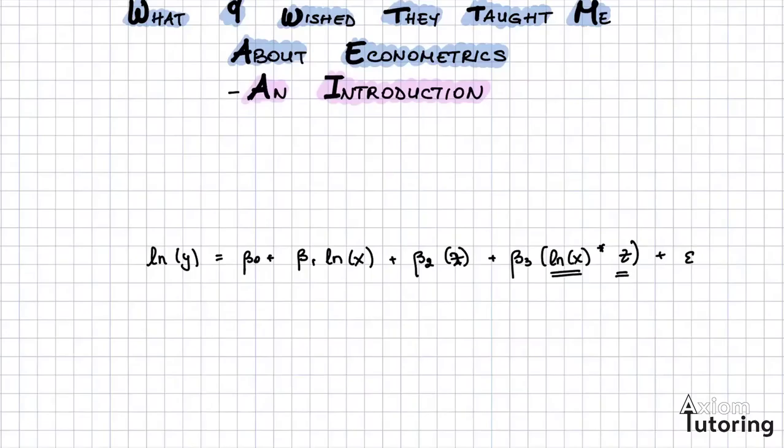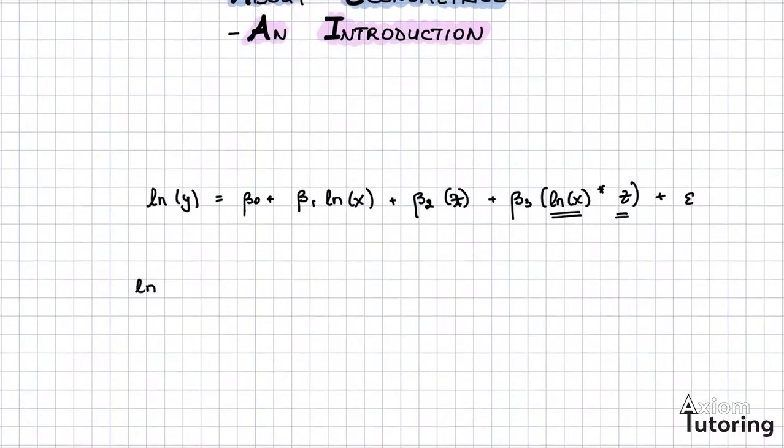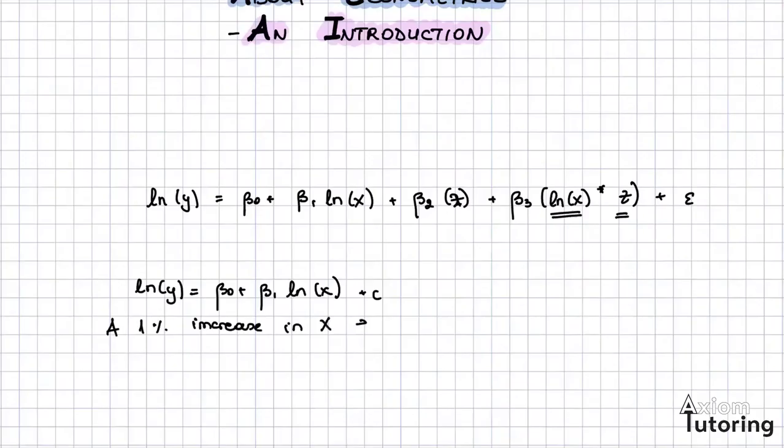Now, recall that the baseline interpretation is that without the interaction, when you have ln of y being equal to beta 0 plus beta 1 ln of x plus an error term, your interpretation was that a 1% increase in x was associated on average with a beta 1% change in y.